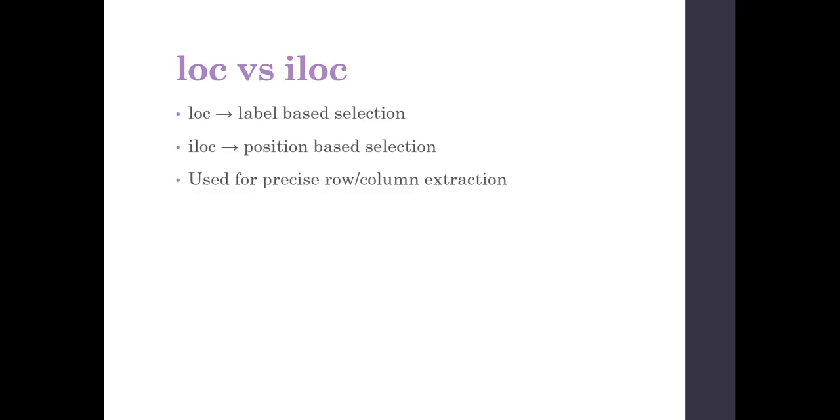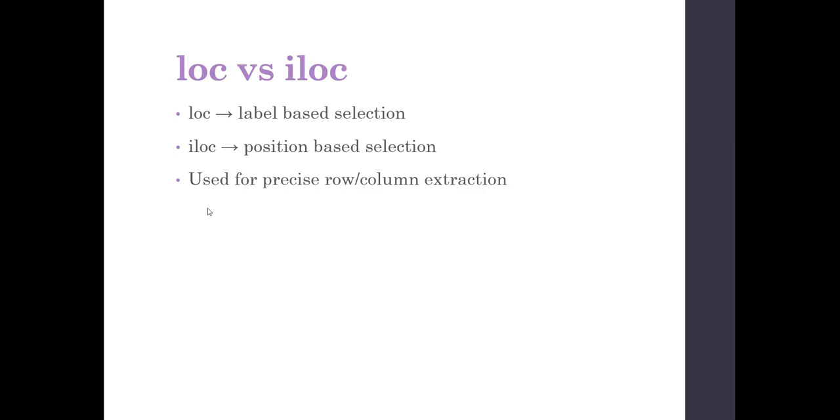In the same way, when you have to fetch from one column and from one row, you will be using this loc, that is the label based. You will pass the row value and the column value. When you pass that, the particular element or value will be returned. That is what loc is.